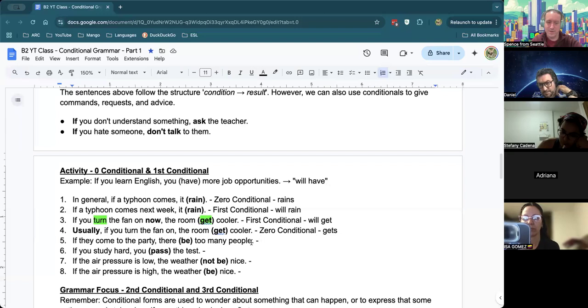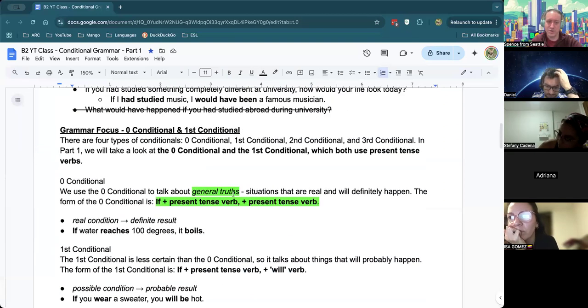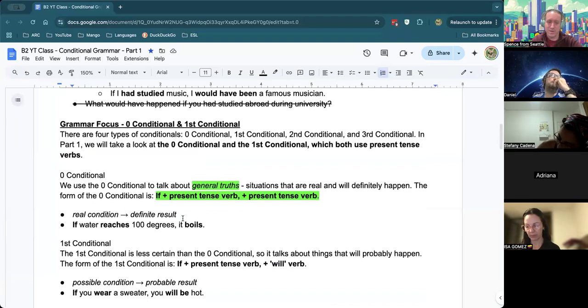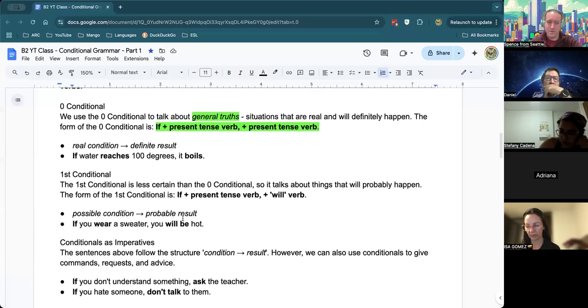Zero, because we don't know how many people are there. So zero conditional is only for general truths, things that are always true. In this case, we don't know if it's true or not. It's a possibility.